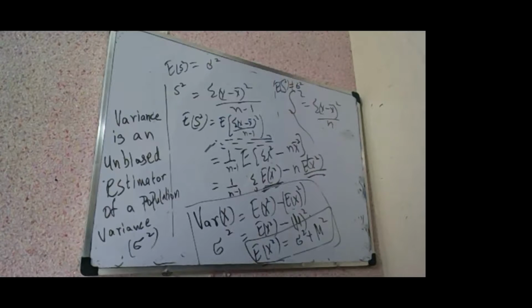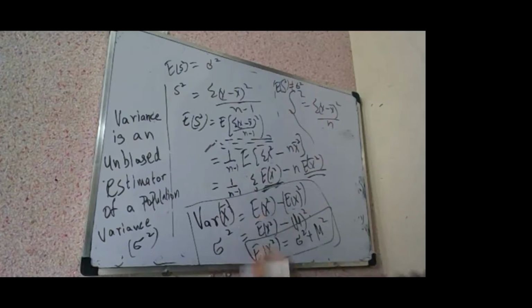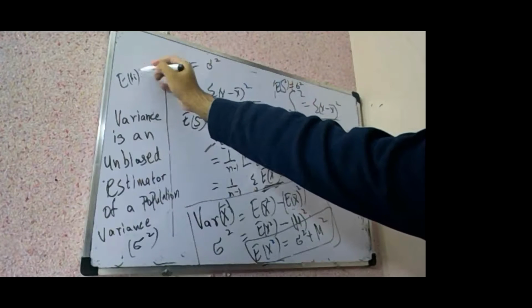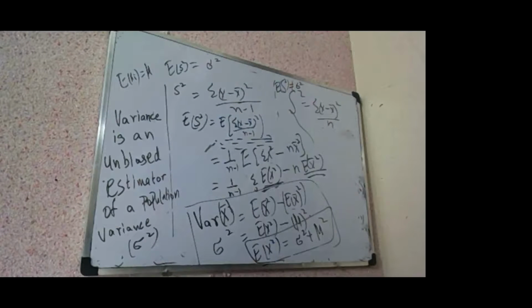Same thing you apply here. If you apply here, what will you get? What will be the variance of x bar? Now, as before we talked about, the expected value of xi is mu, right? So x1 is also mu, x2 is also mu. So x bar will also be mu, right? There will be disturbance. But here, what will be the variance of x bar?